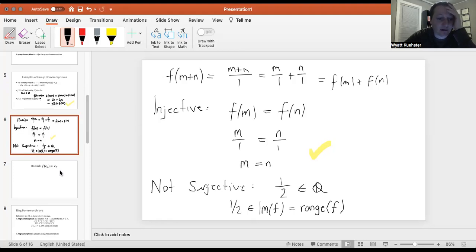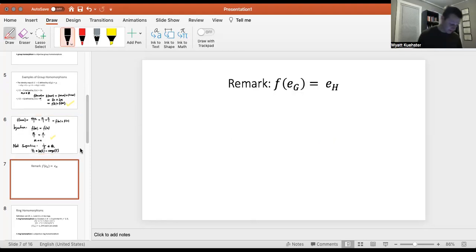Now let's make a remark so that we can prove one thing. A group homomorphism always sends the identity to the identity. Let's prove it. We only have one property, so let's go ahead and use it.